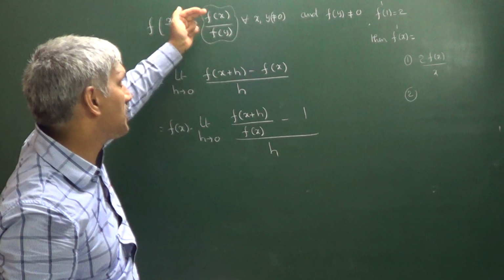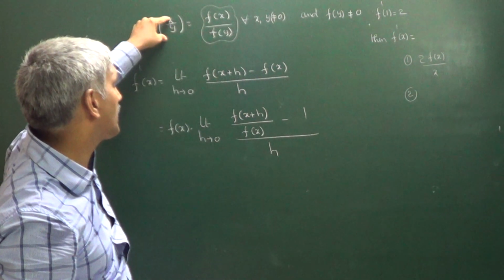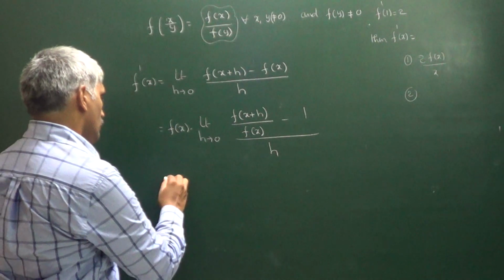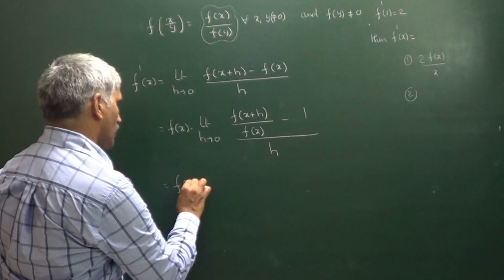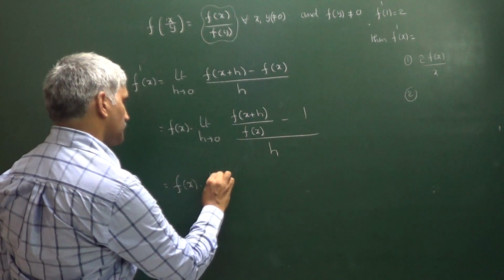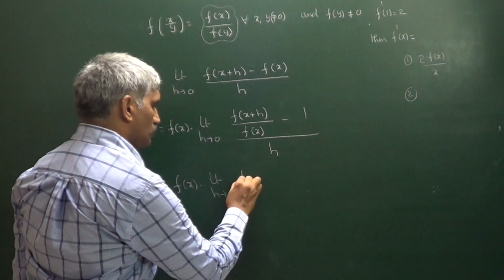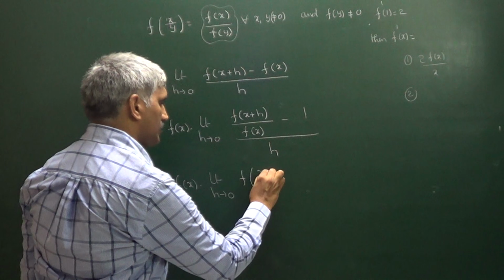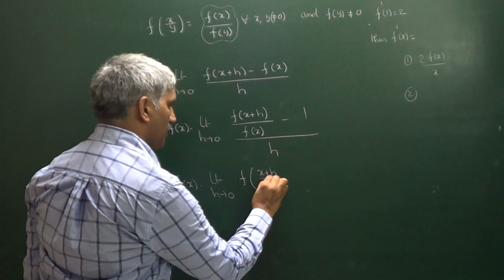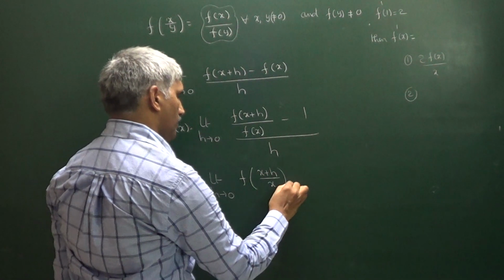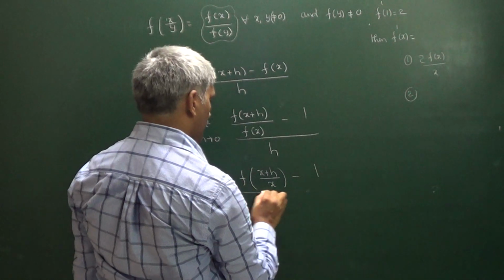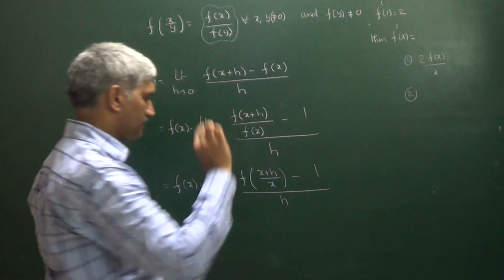So we can write this as f of x into limit h tends to 0, f of x plus h divided by x minus 1 divided by h.